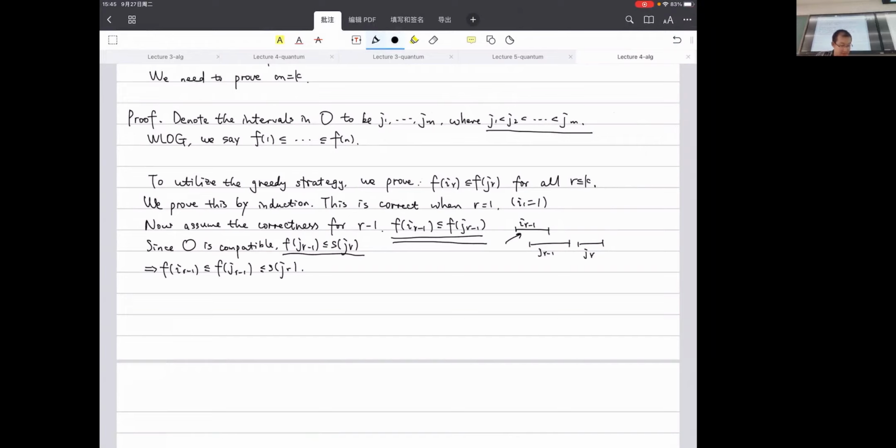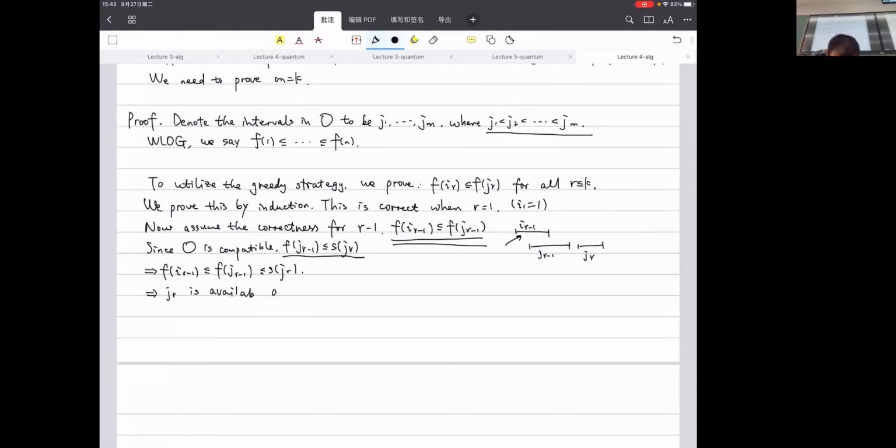So what does this suggest? This suggests that JR is actually available after the algorithm runs for R minus 1 iterations.